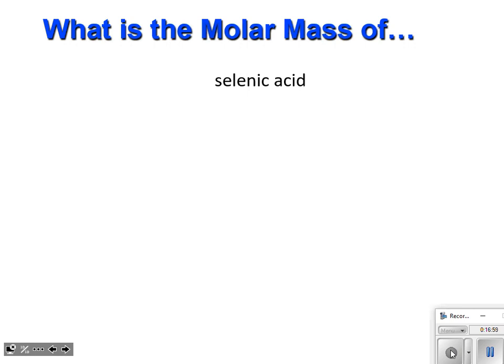It is SeO4, 2 minus. Now that tells me that I need to have 2 hydrogens because of that 2 minus. So selenic acid is H2SeO4. So I would say of the folks up here, probably named it wrong if you had different values.